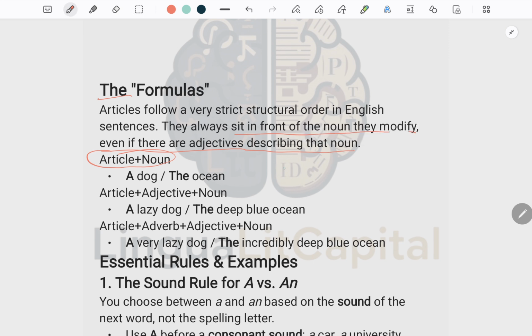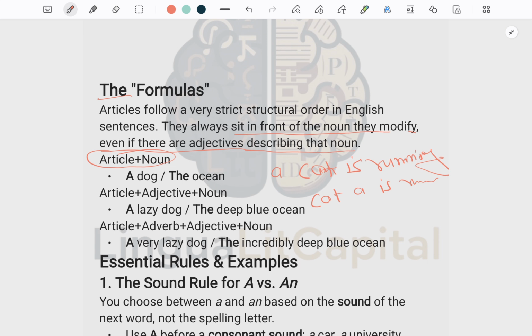If I write a cat is running, here we cannot write this sentence as cat or is running. Just think about what I want to say here.